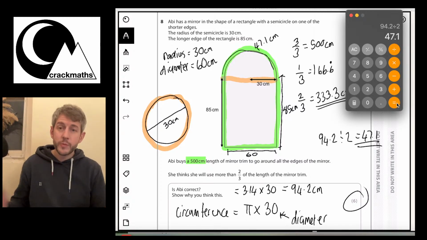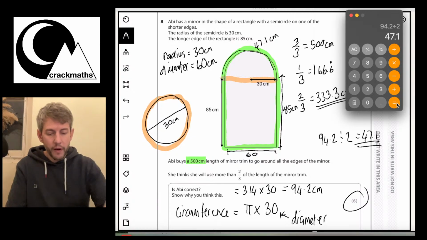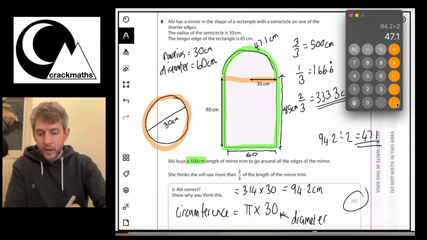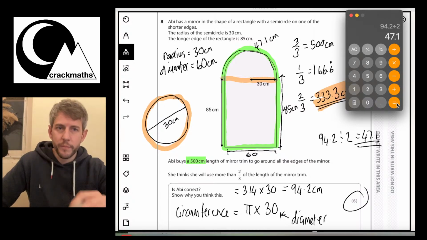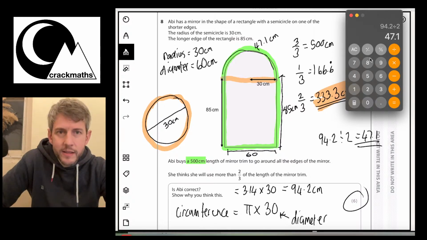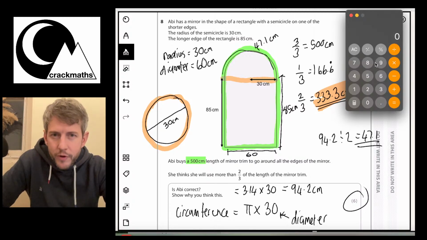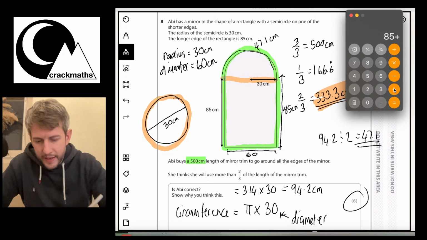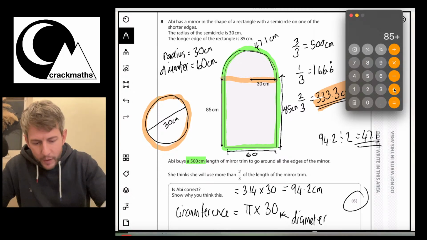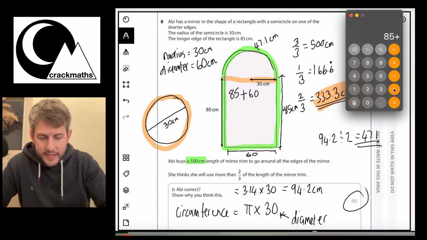Now what we do is we just need to add it all together to find out if it does use 2/3 of the mirror trim. Okay, so let's get these numbers together. So we've got 85. Okay, I'll put a tick here. In fact, I'm going to write them down just in here when I add them together. So we've got 85, add 60.